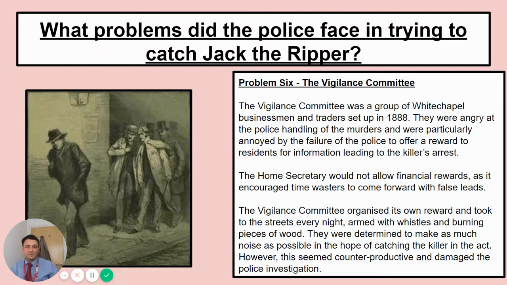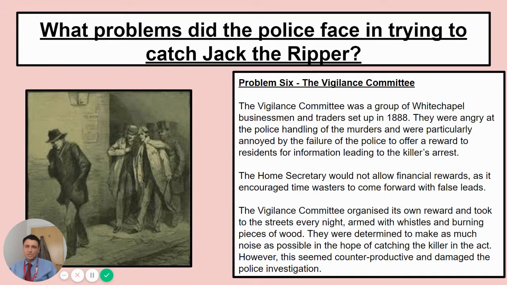And problem 6, the Vigilance Committee. So, the more the police failed to catch Jack the Ripper, the more the public got frustrated as a result. The Vigilance Committee is an example of this. This was a group of Whitechapel traders and businessmen, and in 1888 they were so angry at the failures of the police force, and they were annoyed that the police didn't set a reward.